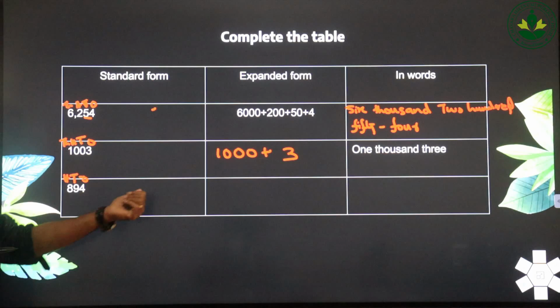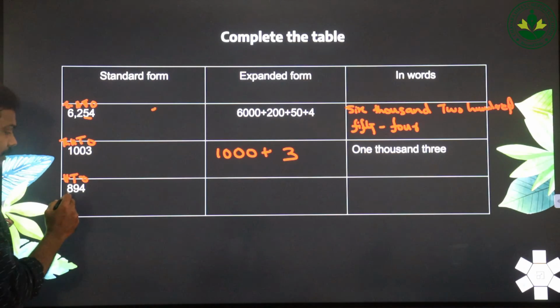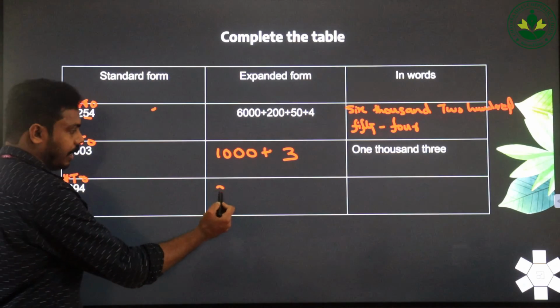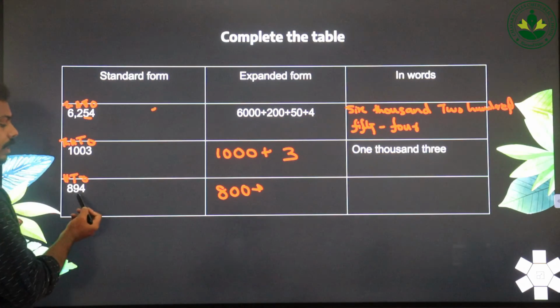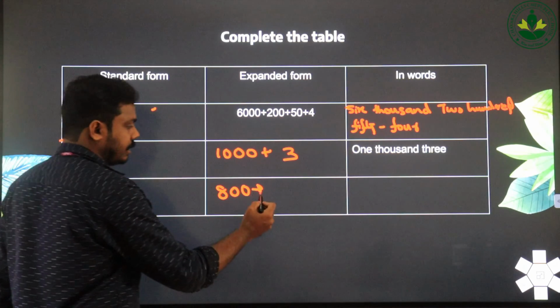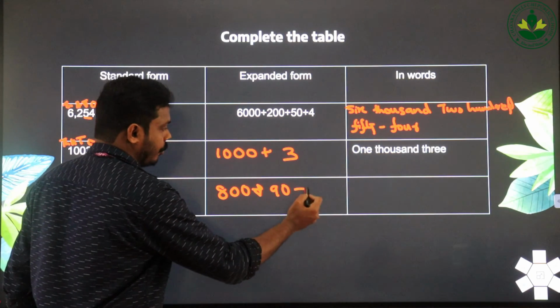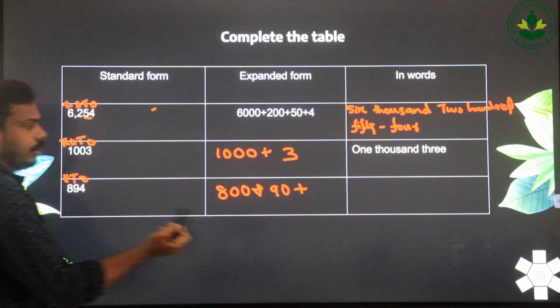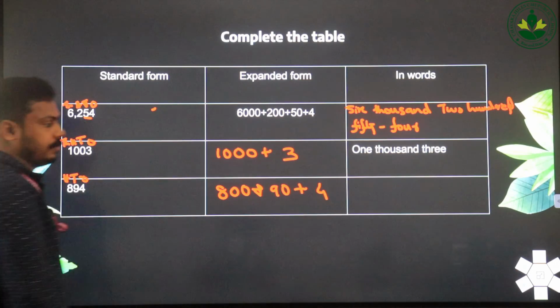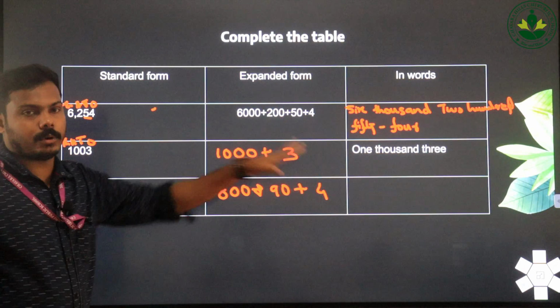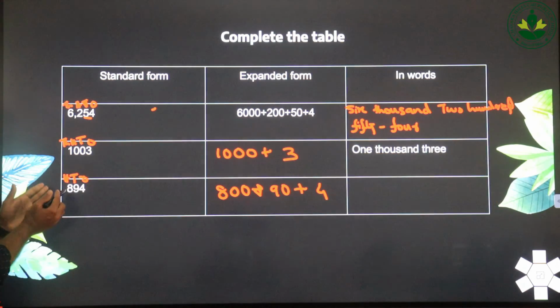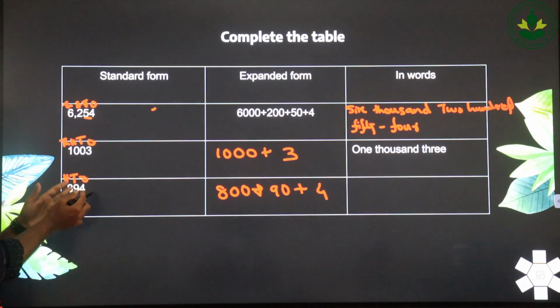The expanded form of 894 is 800 plus, the second one, 9 into 10, it is 90, plus 4 into 1, 4. 800 plus 90 plus 4, and the number name is 894.